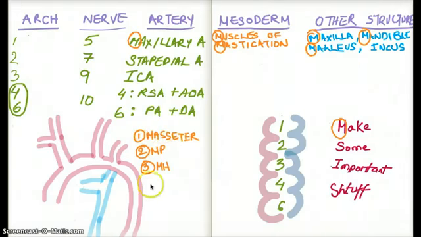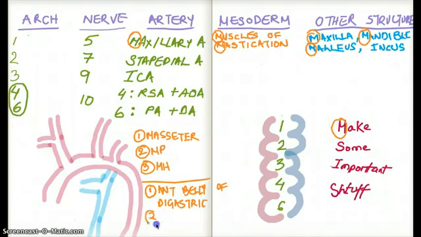There are other ones which do not rhyme with M, and you kind of have to remember them like some structures. These include anterior belly of digastric, okay.